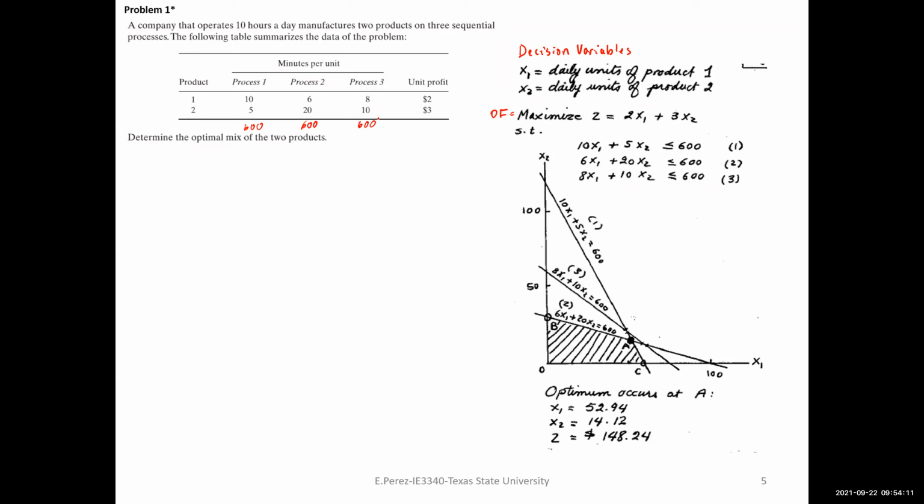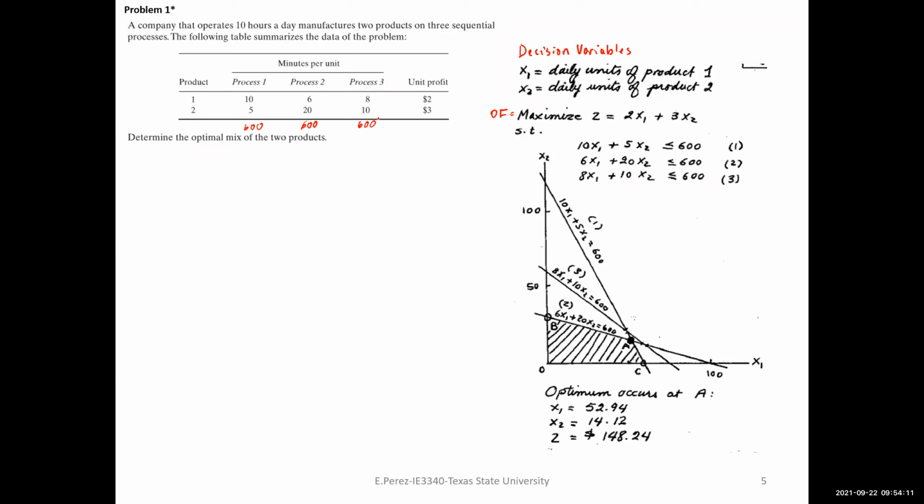So we have 600 minutes per process, and we want to formulate the constraints per process, which is what we have here. We have the requirements per product: 10 minutes for process one for product number one, and 5 minutes for product number two.